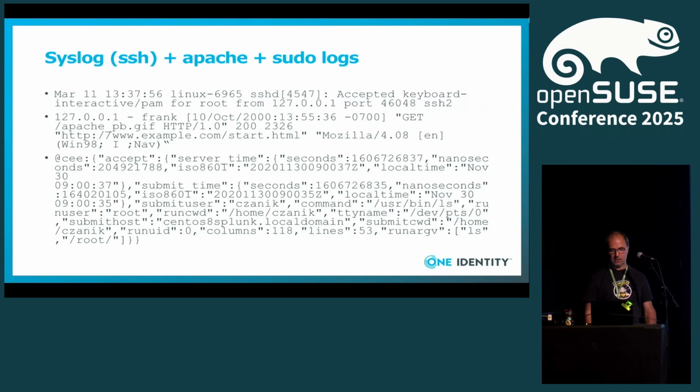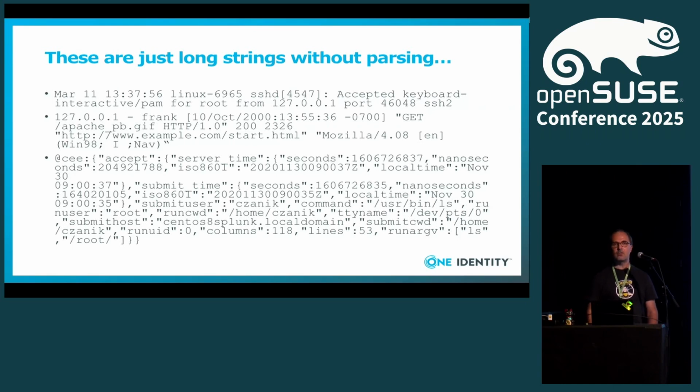You see that it has some columnar data in it. And the third one is a JSON formatted log message created by sudo. There is one little problem. These are just long strings from the logging point of view, as long as you do not parse it.